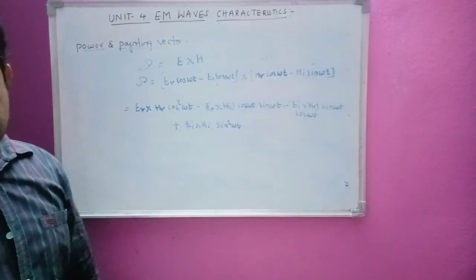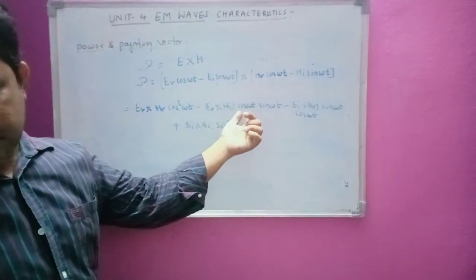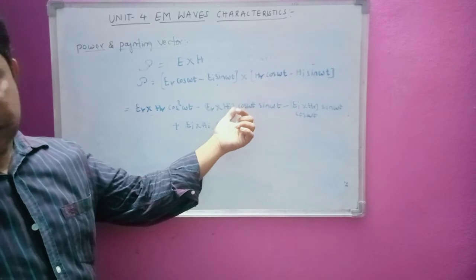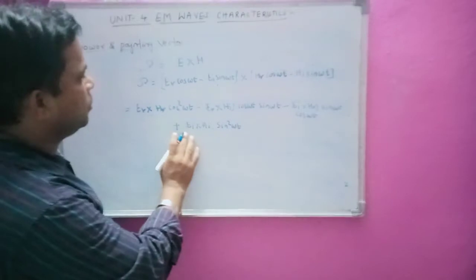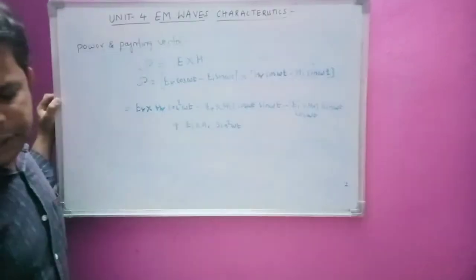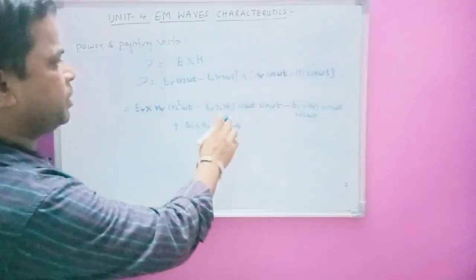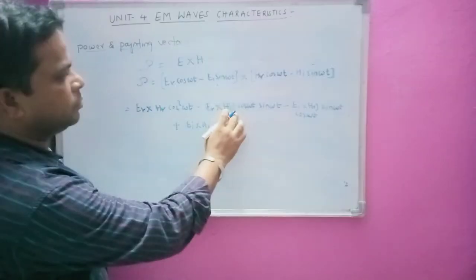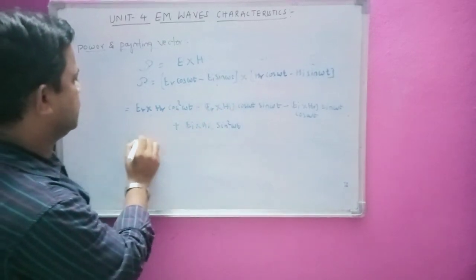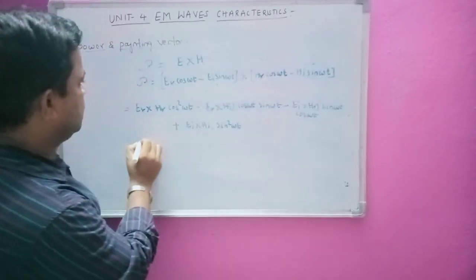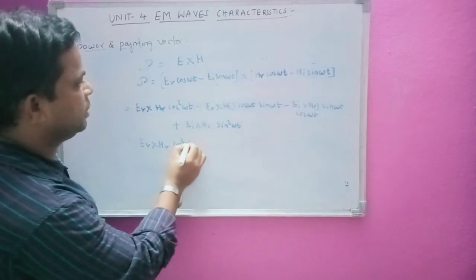Now I am going to substitute this equation. So for this equation we can write, I will take 1 by 2 times common, because I will take the sin omega t and cos omega t common here: Er cross Hr cos square omega t.